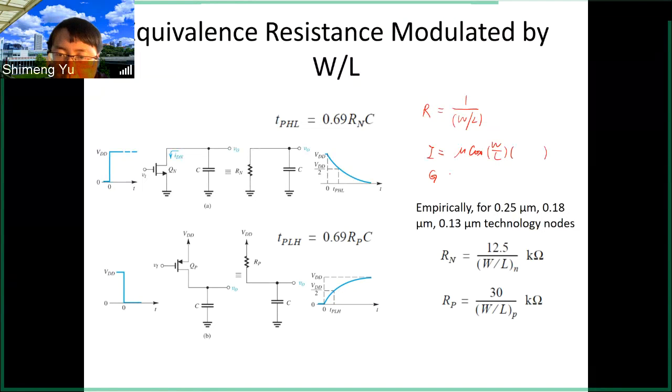That means the conductance is proportional to W over L. Resistance is 1 over conductance, so resistance is proportional to 1 over W over L. To make the delay smaller, we have to decrease the resistance, or in other words, increase the W over L. This is a general approach to decrease the delay. Any questions?